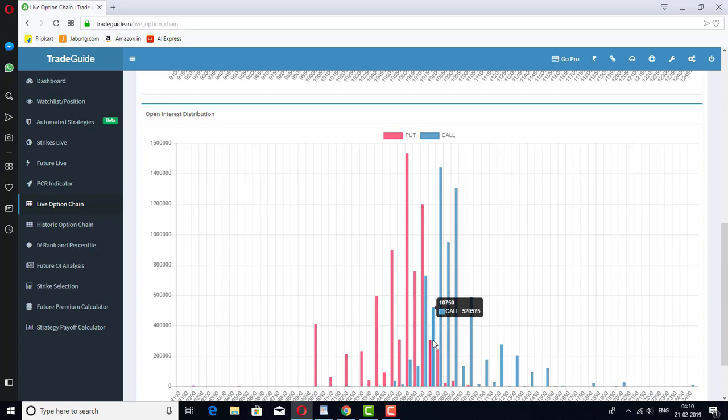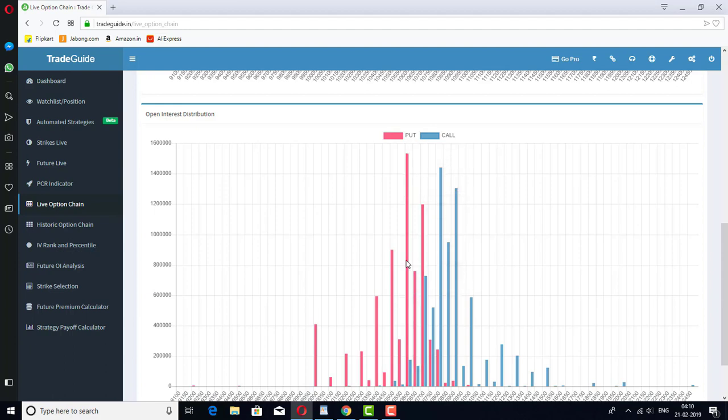So if the market moves forward, we have a resistance at 10,800. We have a comparatively smaller resistance level at 10,850 and another resistance at 10,900. And if the market from here goes to a bearish move, we have a support at 10,700 and then again we have a support at 10,600.